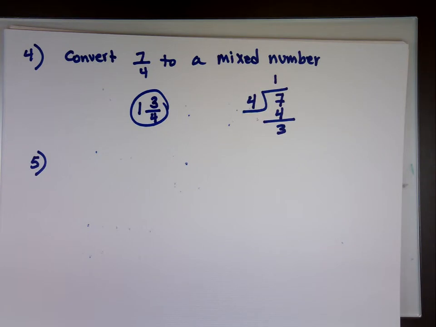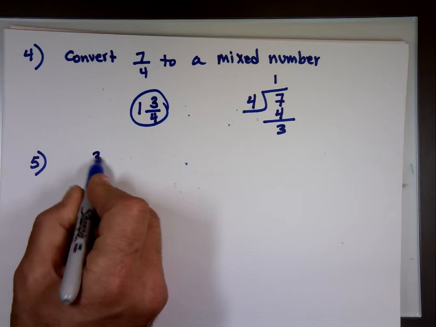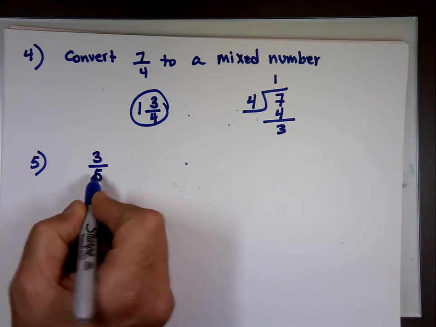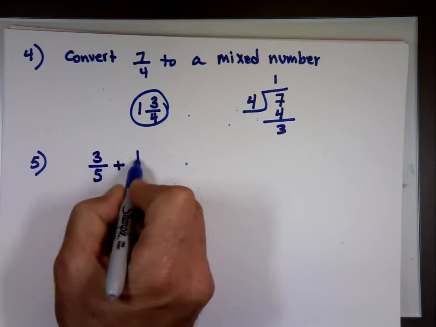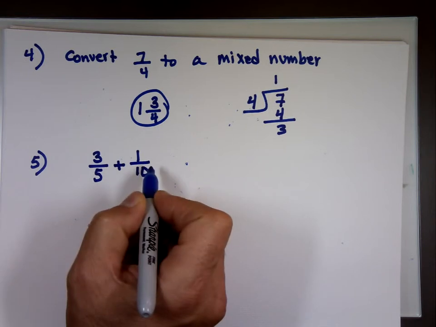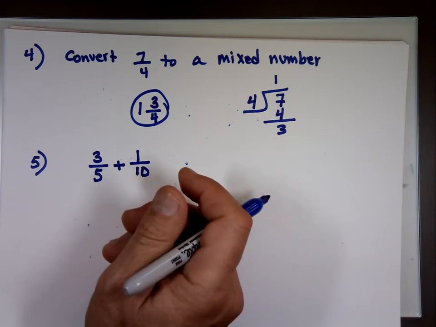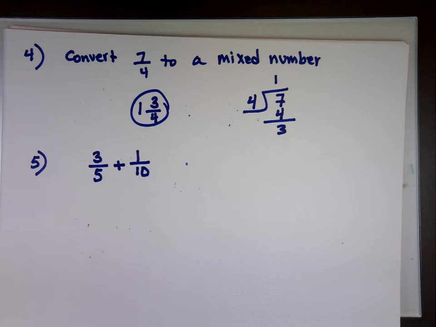Question 5. Add and simplify. 3 over 5 plus 1 over 10. If you're adding or subtracting, what do you need? Common denominator. Which is what? 10.